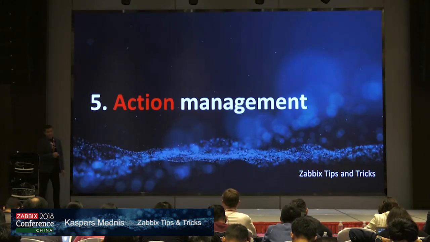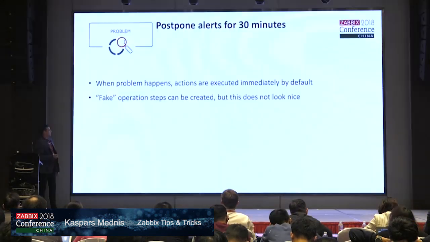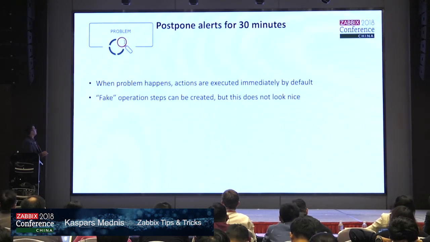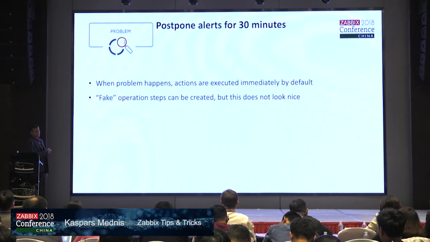And the last from me, just how to define actions in a more efficient way. By default, all the actions are executed immediately. But maybe you don't want some immediate action. Maybe you want the first action to be executed after some time.